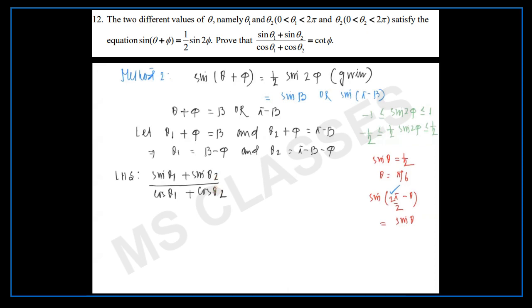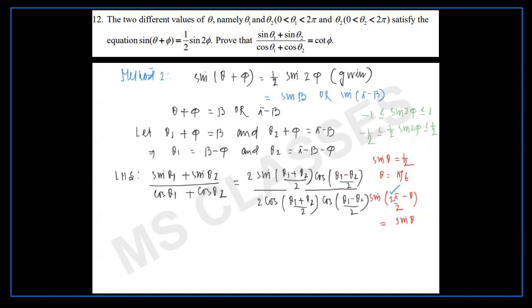Sin C plus sin D, we know this will be 2 sine C plus D by 2 into cos C minus D by 2, whole divided by 2 cos C plus D by 2 into cos C minus D by 2. Now these two get cancelled out.